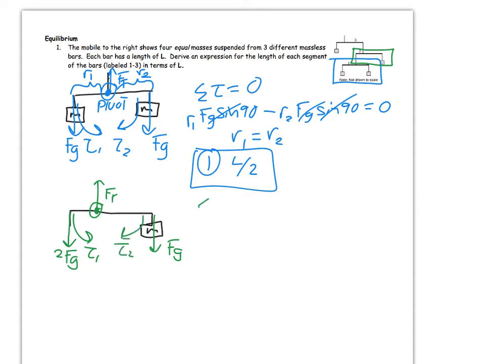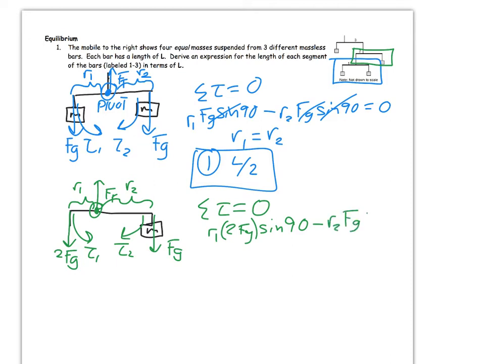All right, and I can go ahead and set up the sum of the torques equals 0 for these. I'm going to define this to be R1 and this distance here to be R2. And so what we're going to have is R1 times 2Fg times sine of 90, that's that first torque, minus R2 times Fg times sine of 90 equals 0.